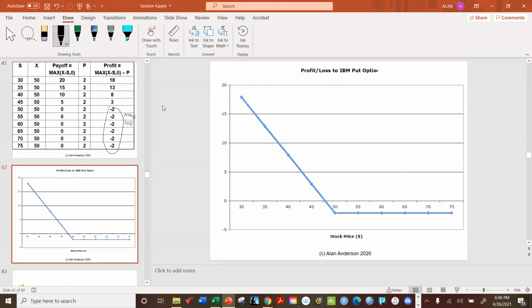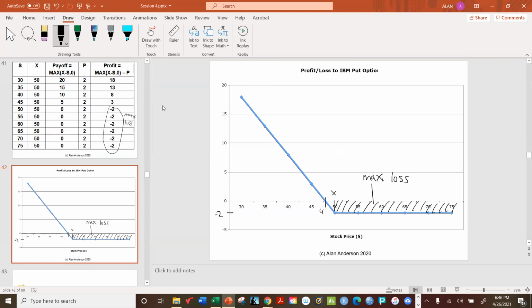So yes, as I started to say, now the put, remember, was only $2. So losses are limited to $2, which will occur if the stock price is anything from 50 or above. We'll call that our maximum loss. And here's a break-even price.